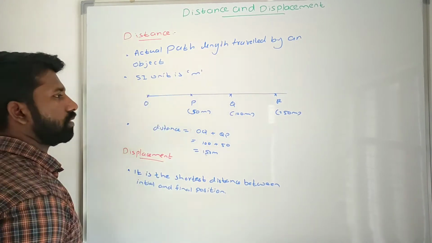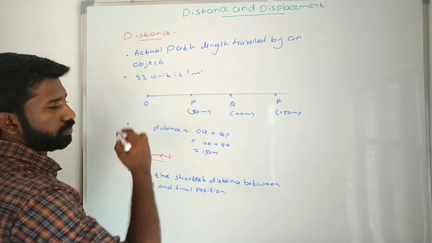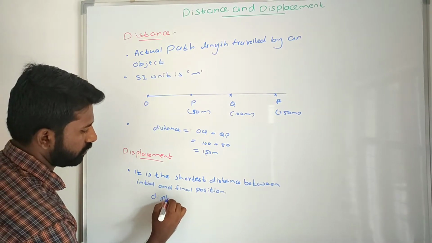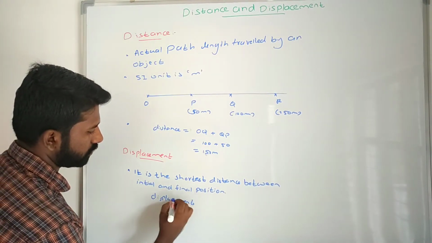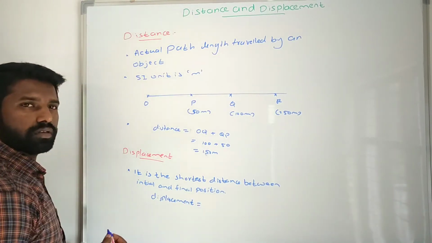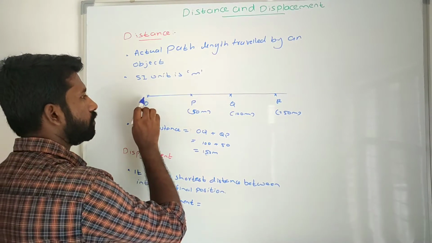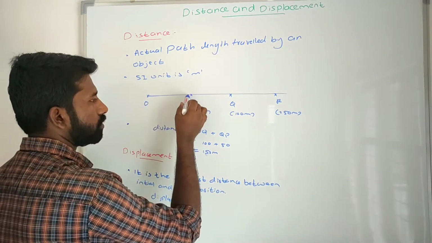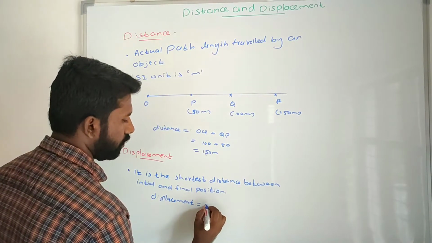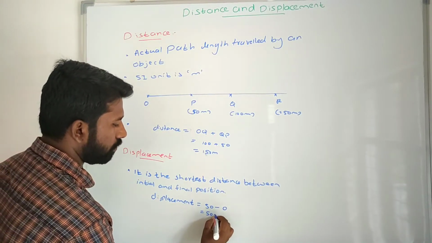So in the previous example, the object started from O and went to Q, then came back to P. What is the displacement? It is the shortest distance. That means you find the final position minus the initial position. The final position is 50 minus 0, so you will get 50 meter.